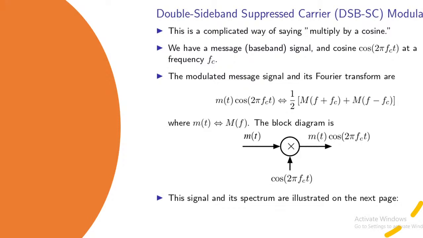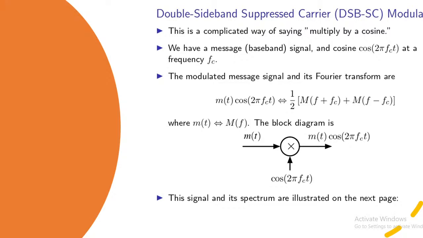You have your message signal, multiply that with a sinusoidal signal. That is what DSBSC is. So you have a message or baseband signal m(t) and a cosine, cos omega_c t, at the carrier frequency Fc. Then the modulated signal will be m(t) cos 2 pi fc t.